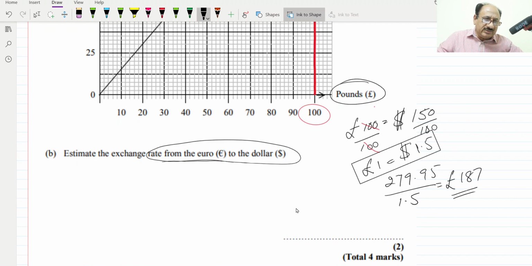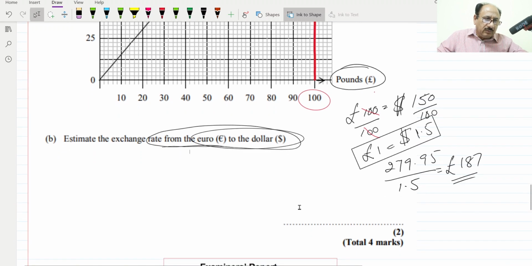Now 187 pounds, and we need from this one dollars to conversion ratio. So exchange rate is what?